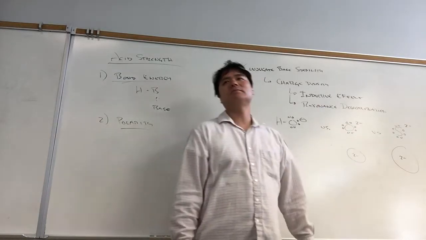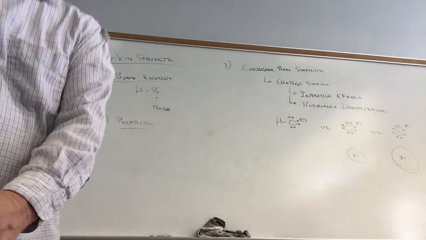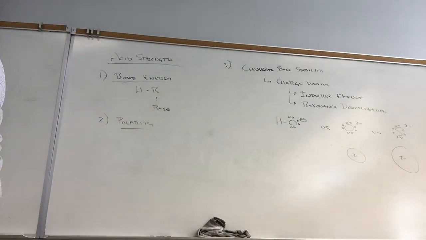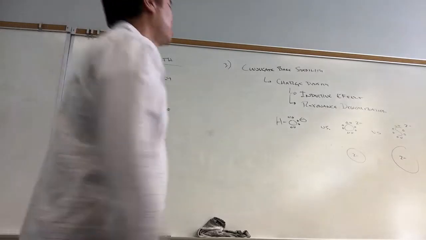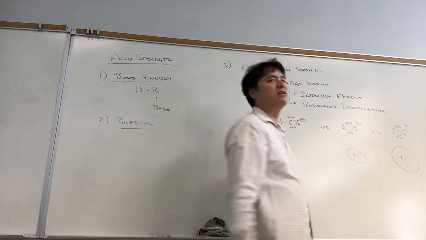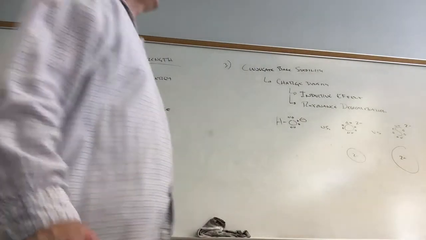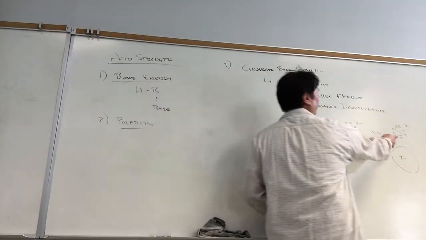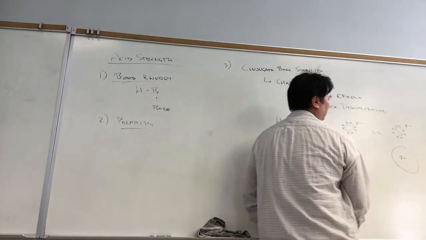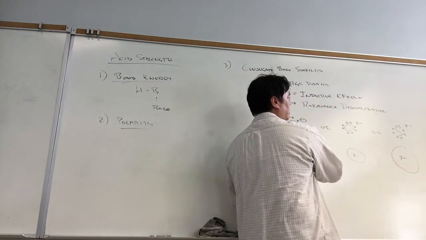And so oxide is a better base than sulfide. Let's compare hydroxide to sulfide. That's a trickier comparison because on the one hand, the charge is double, but what about the size? Does the size double compared to oxide or hydroxide?